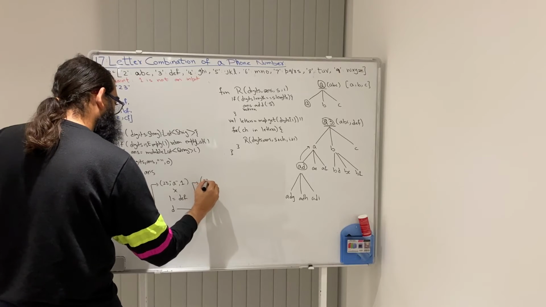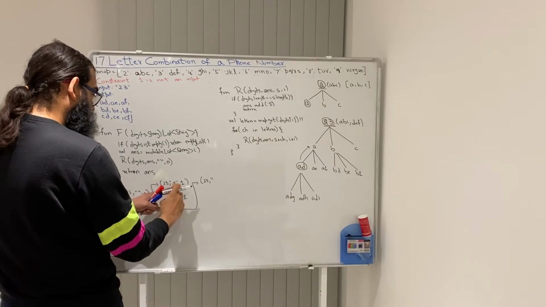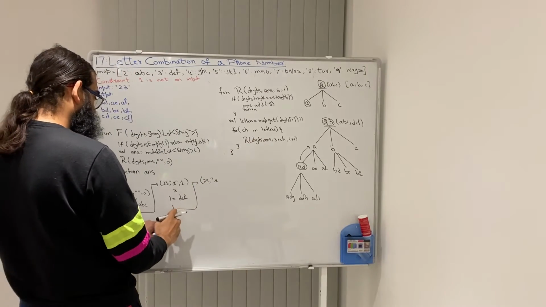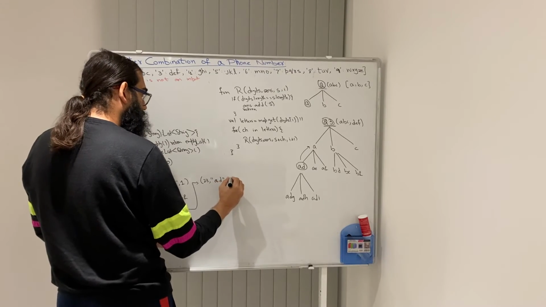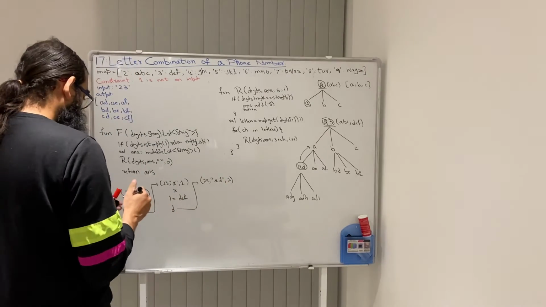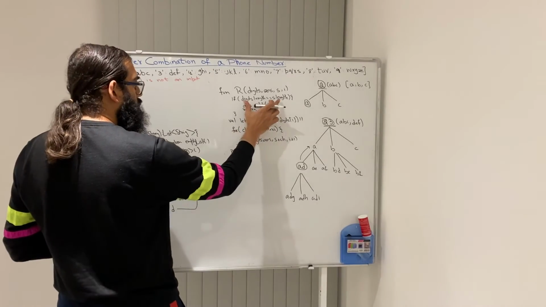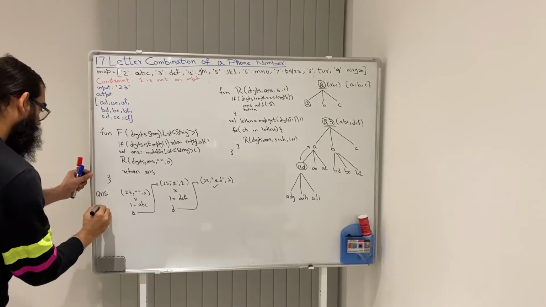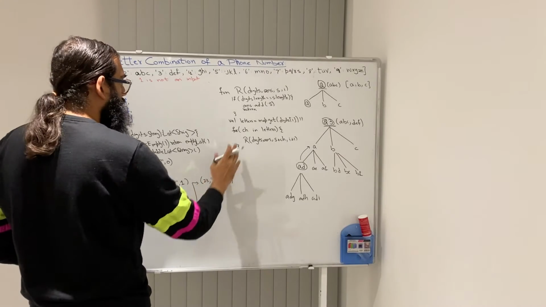In this call, still the same. This time, previous S is A and CH is D. So AD, and now I'm sending index 2. So in this case, what will happen? This is true. Answer will add A and D, and then return.